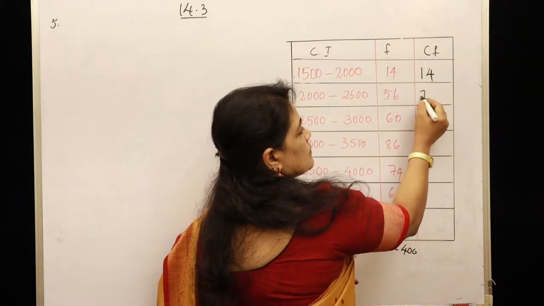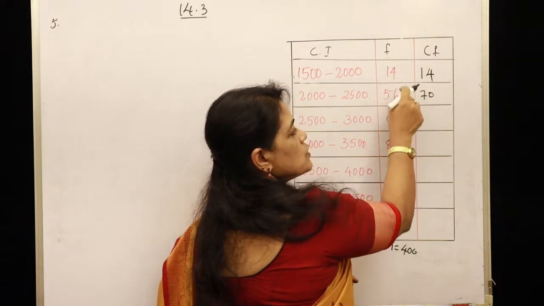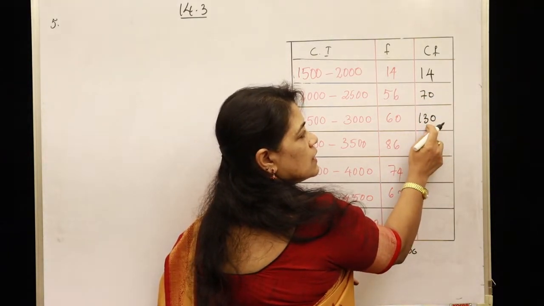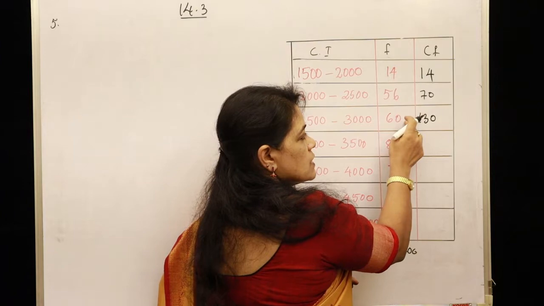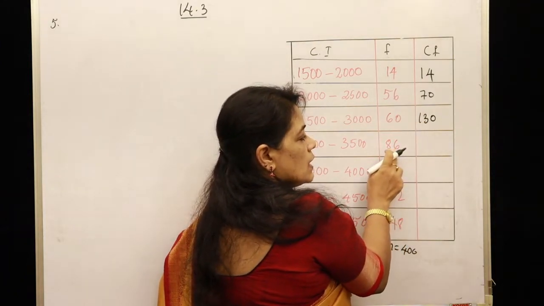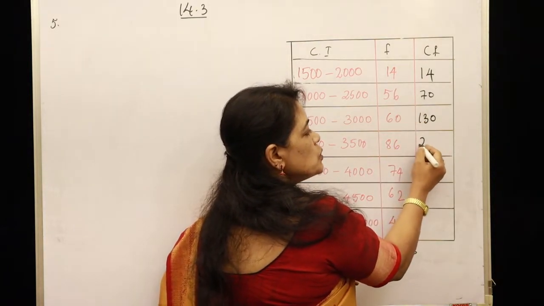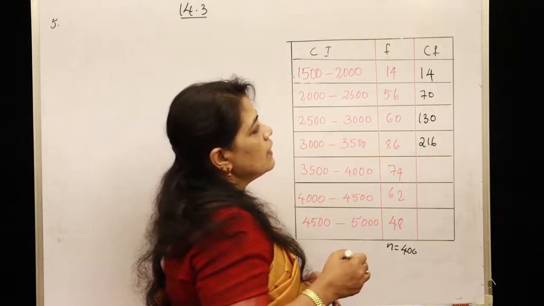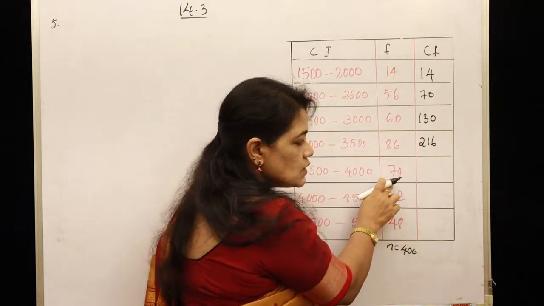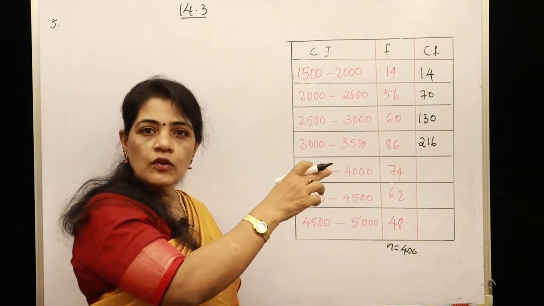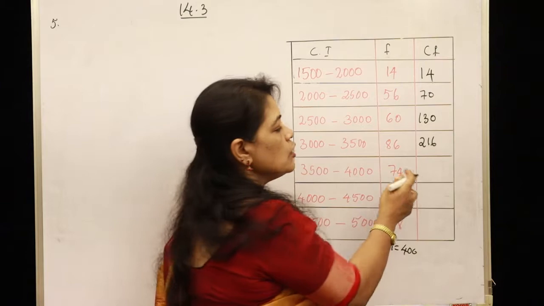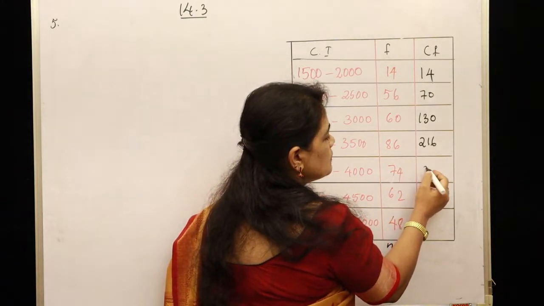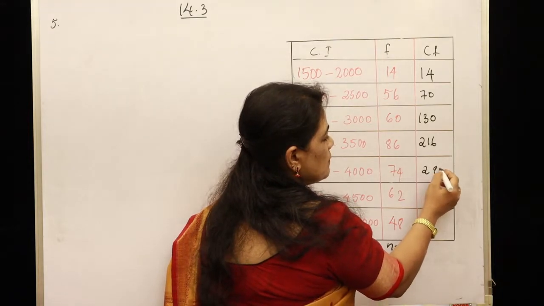And this will be the sum of these two plus 60, that means 130. This 130 is the sum of these three frequencies, plus this class interval's 86, that is 216. This is the cumulative frequency of the fourth class interval. If you add the next frequency to the sum of the four class frequencies, you will get the cumulative frequency of this one, that means 290.